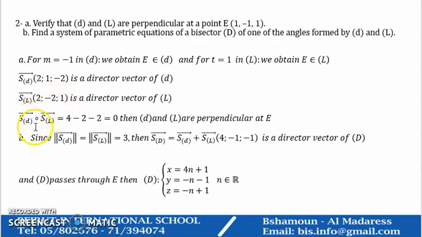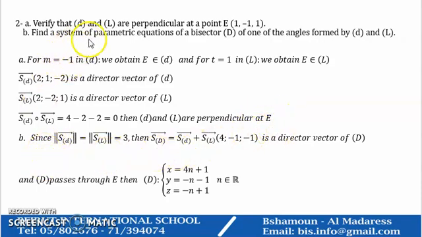To prove that these two straight lines are perpendicular, of course, first of all, we proved that they are intersecting. I can take the scalar product of their vectors. It is equal to 0, then these two vectors are orthogonal, so I can deduce that the two straight lines are perpendicular at the point E.